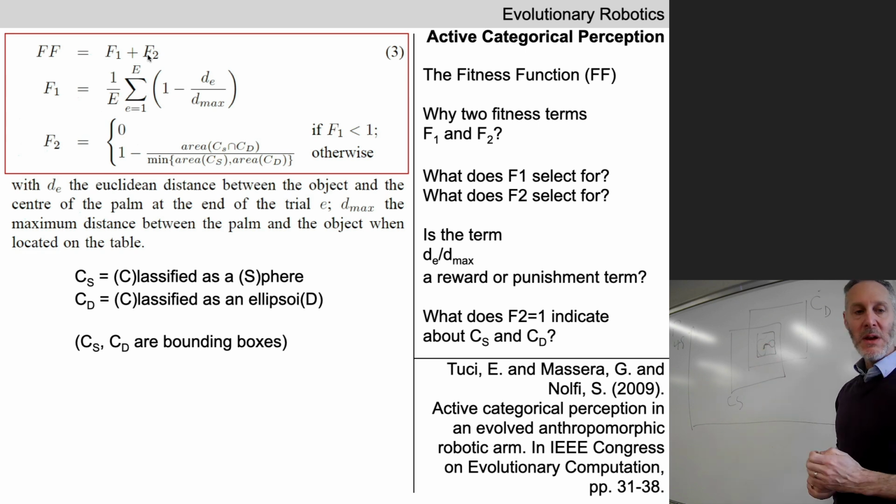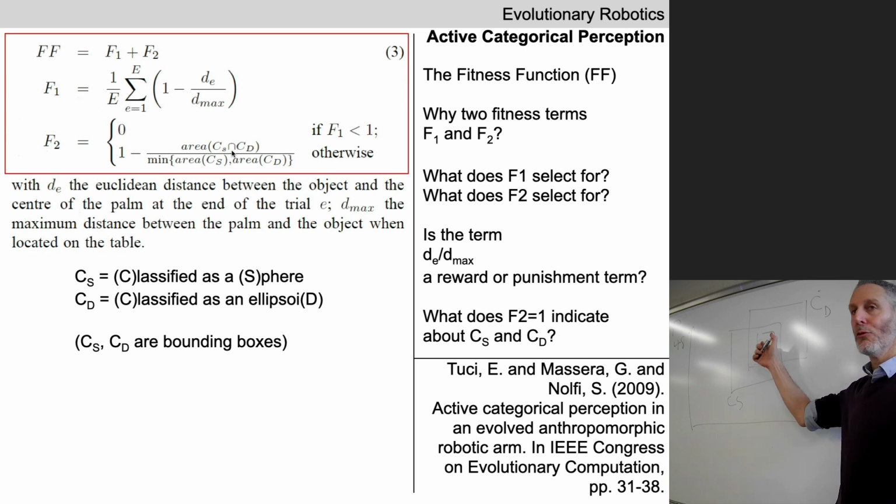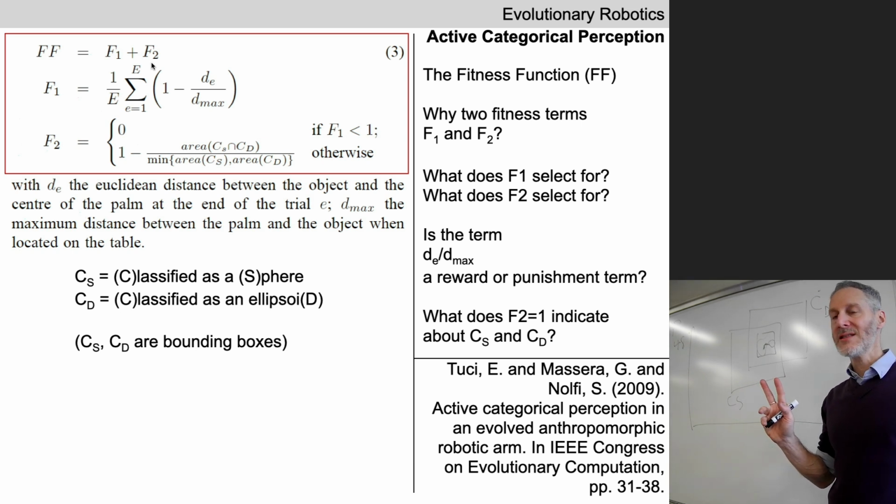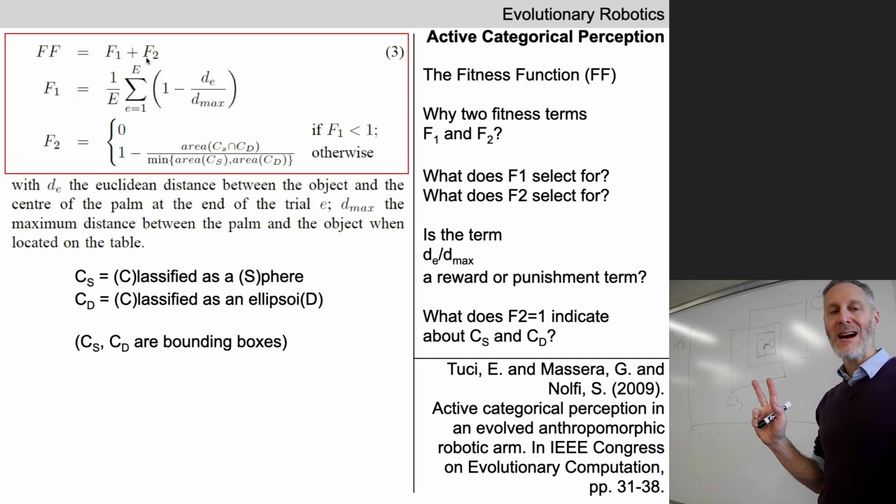It does need to minimize the intersection or the overlap between CS and CD, but there's some other things it also needs to do. So let's have a look at what they did here. They've got F1 plus F2. So the evolutionary algorithm is actually trying to maximize F1 and F2. There's two things that the evolutionary algorithm is trying to find CTRNNs to do.